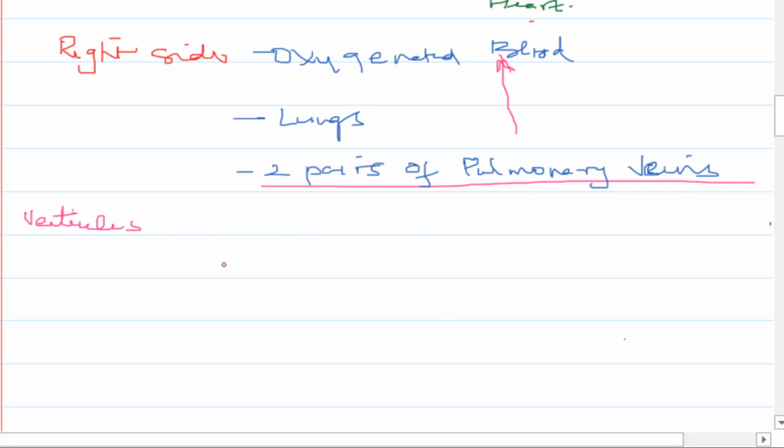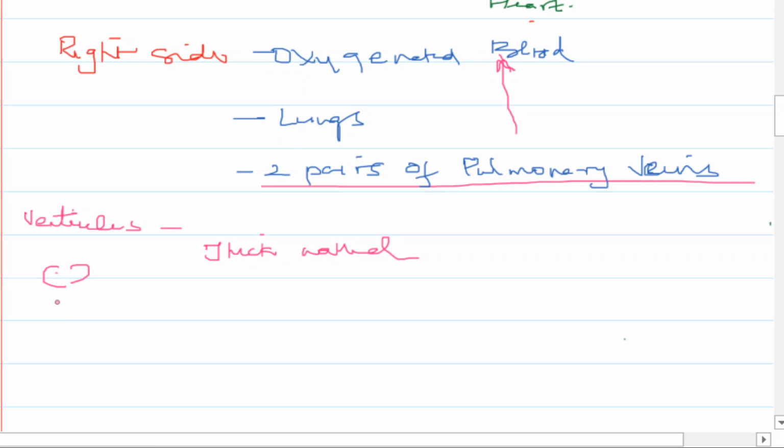Okay, so we'll talk about the valves through which the blood flows in just a few minutes. The ventricles, these are thick-walled. The left side receives from the left auricle and the right side receives from the right auricle.